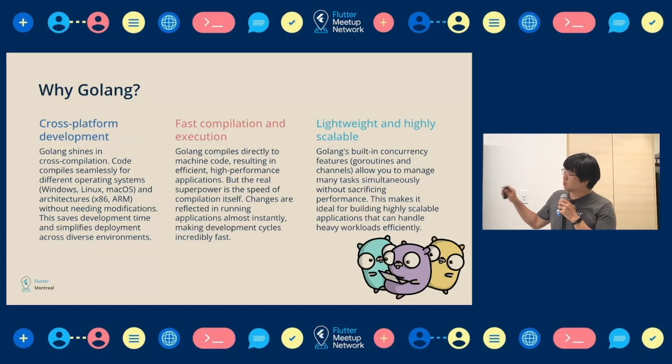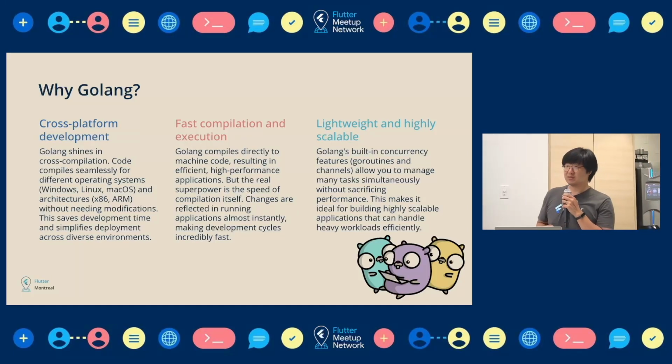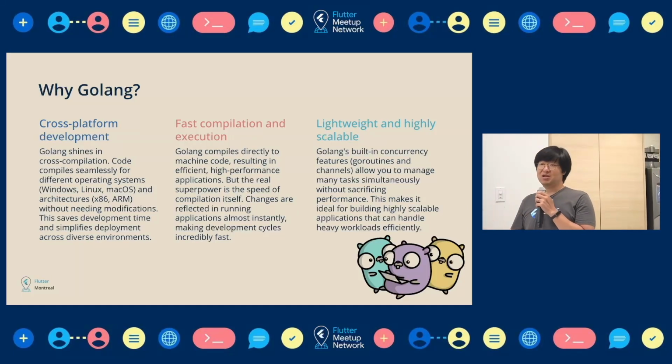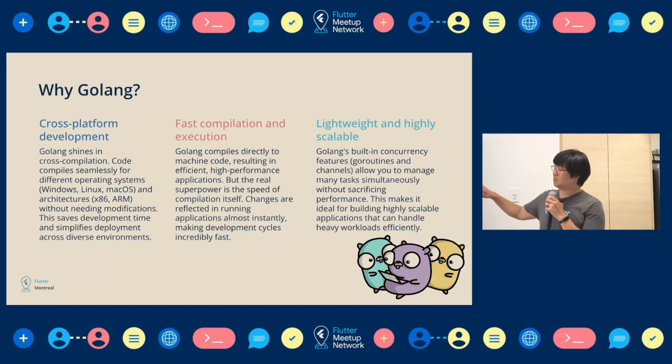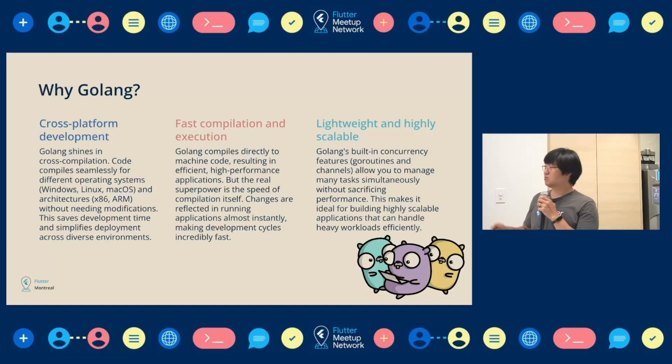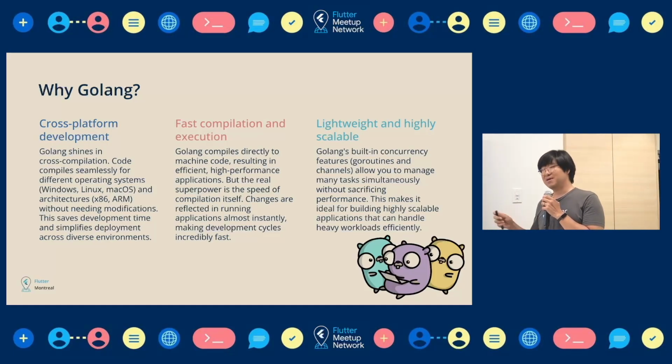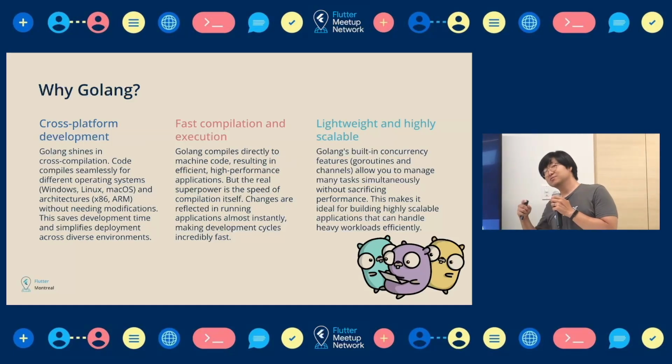The other thing is that Golang is lightweight, highly scalable, and really performant. So how do they do that? They have a special concurrency feature called goroutines and channels that makes it easy for Golang applications to manage all the different threads, and then you can make a performant application.